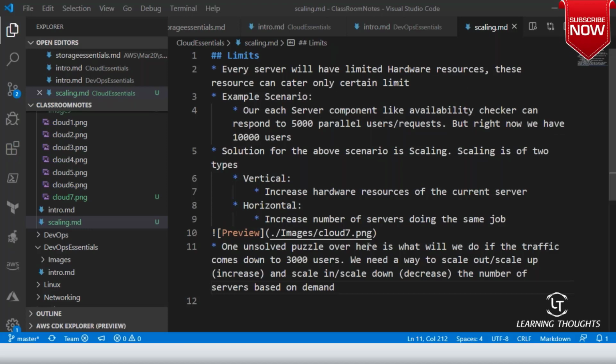Yeah. So we need an approach. But the problem with this approach is increasing and decreasing the servers is something for which we need to find a solution. And cloud has a solution to this.